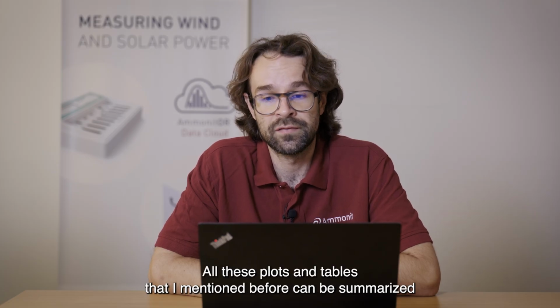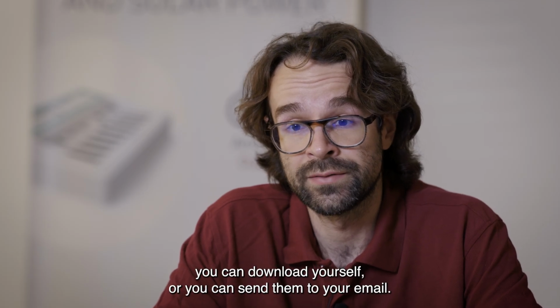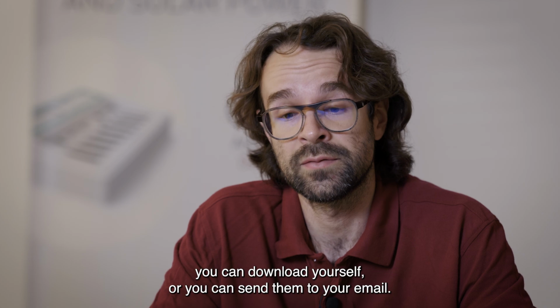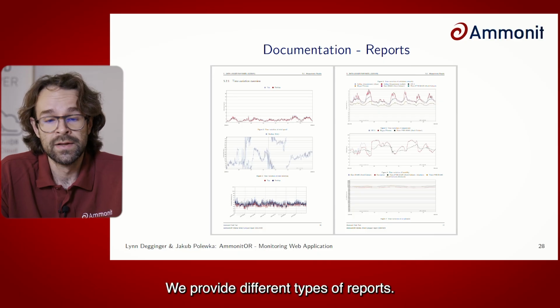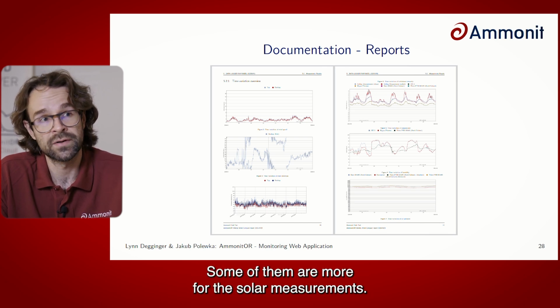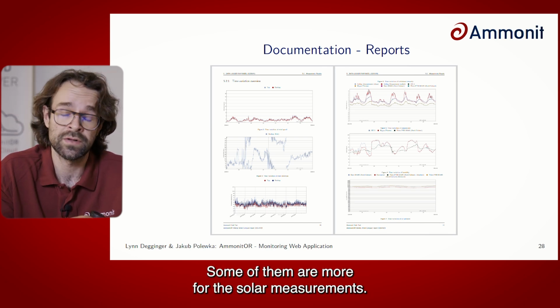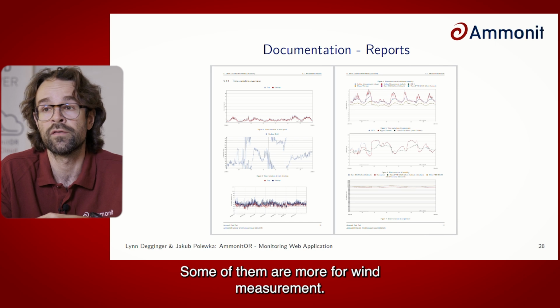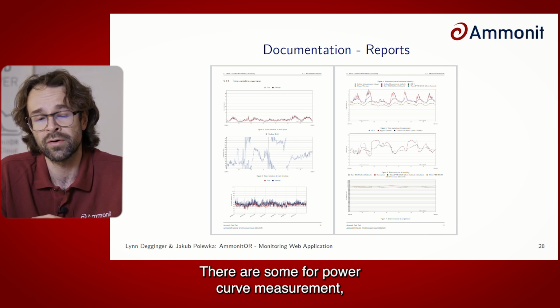Okay, project documentation, reports. All these plots and tables that I mentioned before can be summarized in PDFs that you can download yourself, or you can send them to your email. We provide different types of reports. Some of them are more for solar measurements, some more for wind measurement, and some for power curve measurement.